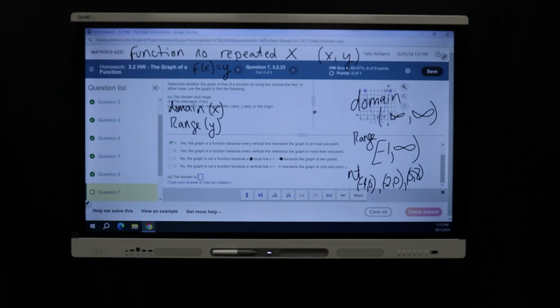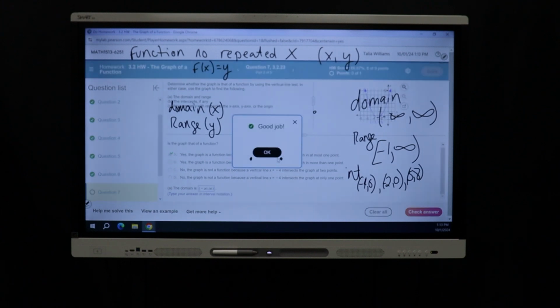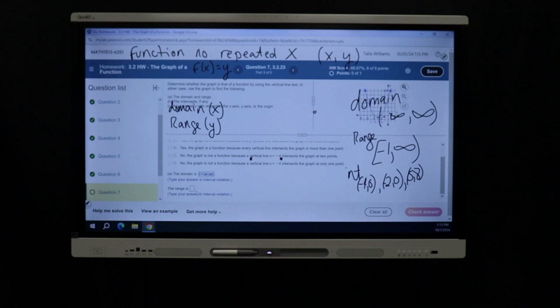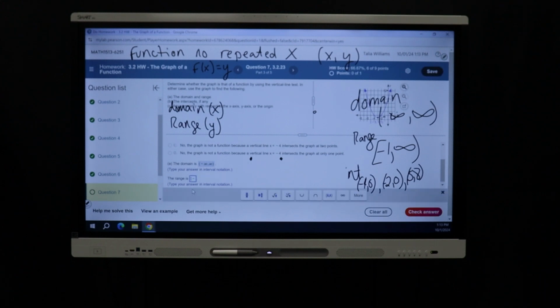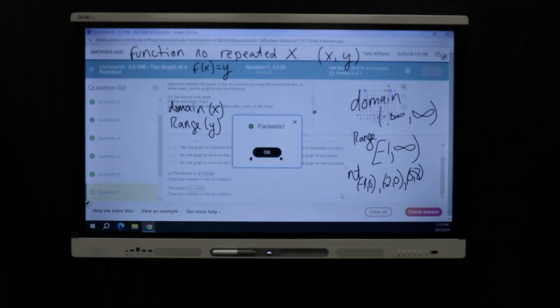this started. So our domain, we had those arrows, so -infinity to infinity. Our range, it started at that point, and that point actually even had a dot on it, so bracket -1. If it didn't have a dot, we would still use a bracket because it is at that point. So bracket -1 to positive infinity. Always put parentheses with infinities.